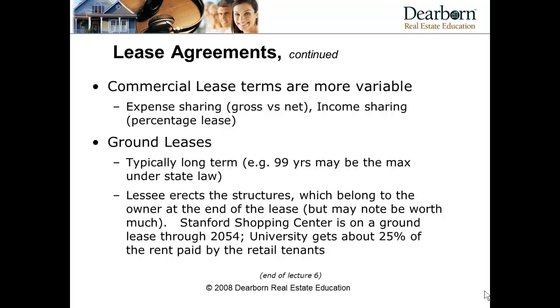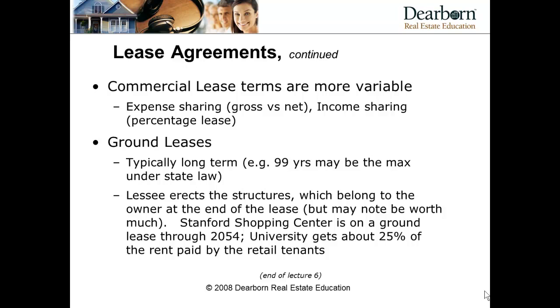So all those are passed through. So the amount that the tenant pays is a base rent, and then these additional charges for the expenses that the landlord incurs.